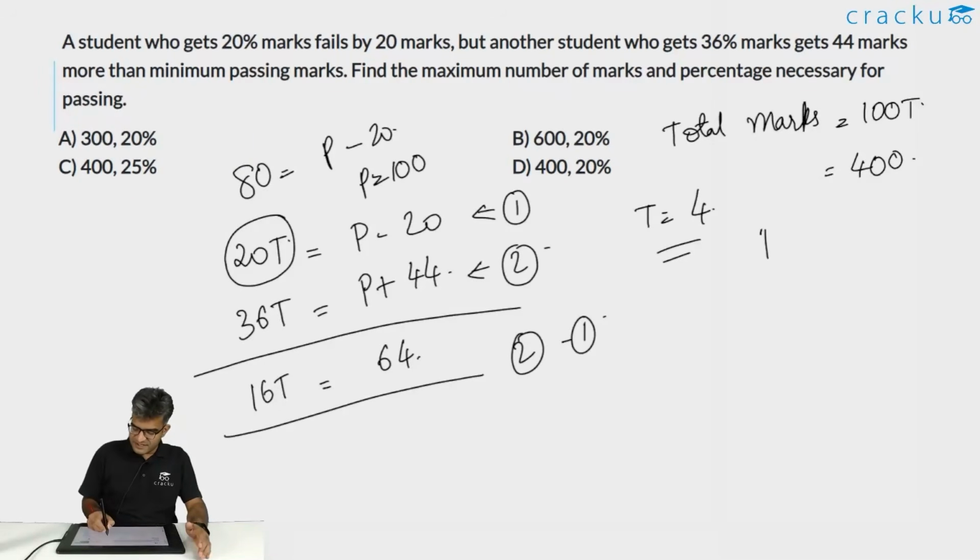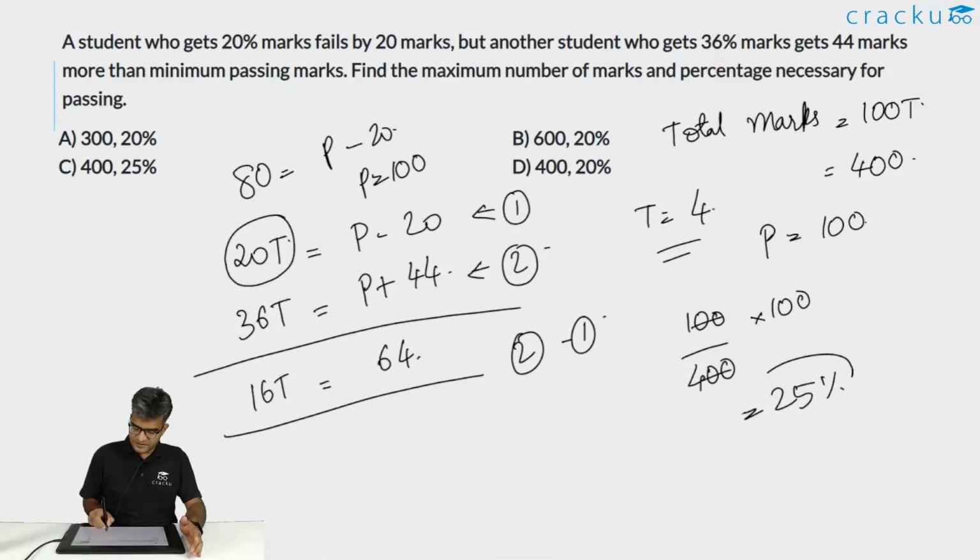So the passing marks P is 100. As a percentage, out of 400, the passing percentage will be 100 divided by 400 into 100, which is equal to 25%. So the total marks is 400 and the pass percentage is 25%, which is option C.